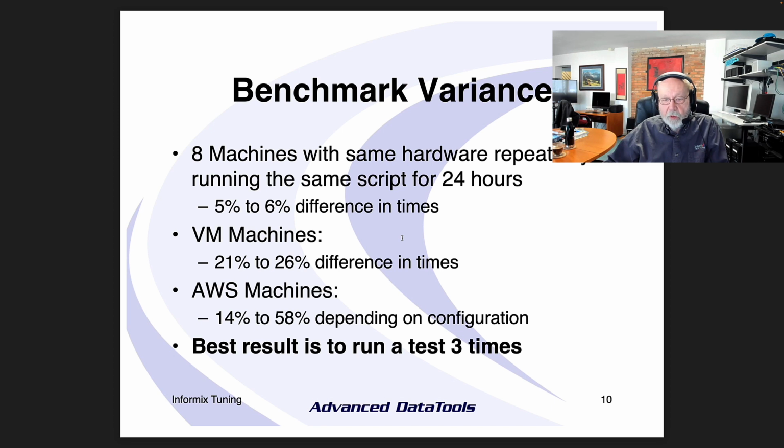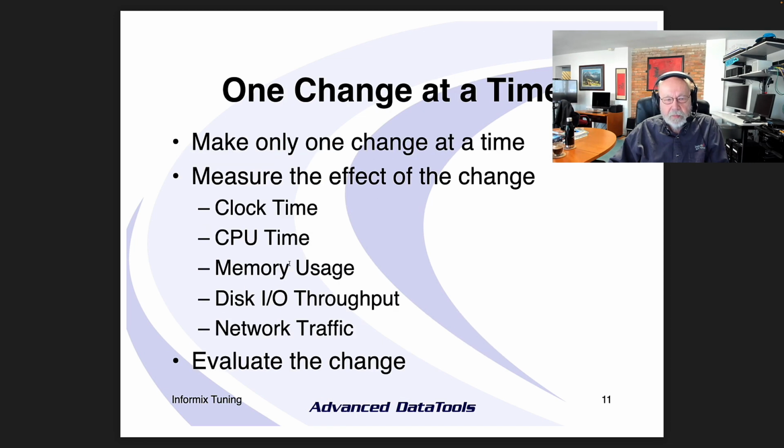So you'll get variance. That's normal, and that's why you need to measure to see what the variance is. And so oftentimes when I'm timing something, if it's 5% worse or better, I may not worry about it unless I'm on VMs. And then if it's 20% better or worse, you may not worry about it.